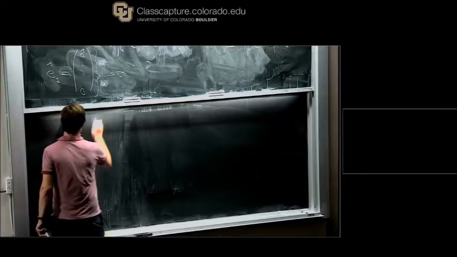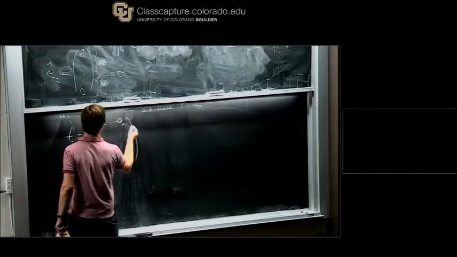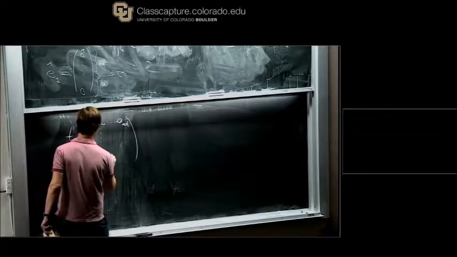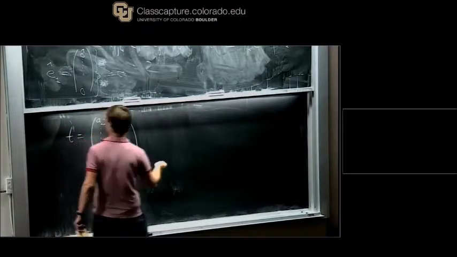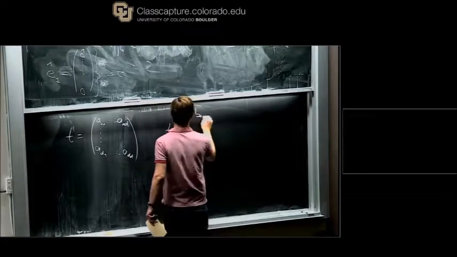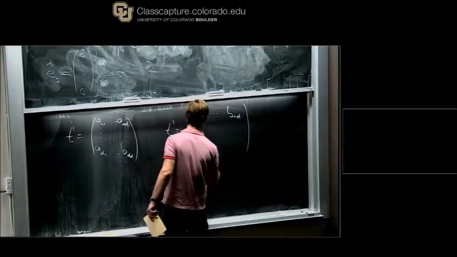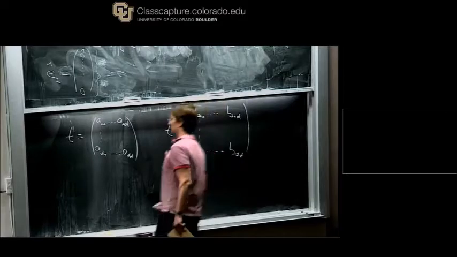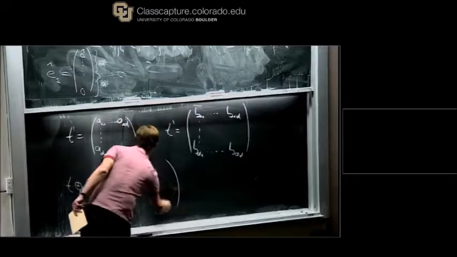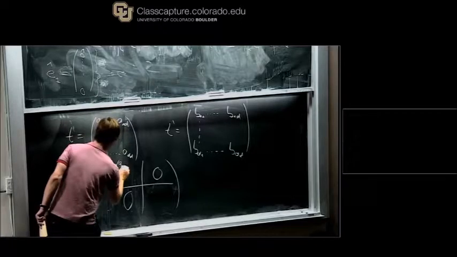For matrices, so if T is a matrix, and now let's take D by D matrices, and we do the same with B. Then the new matrix has just the matrix up here.